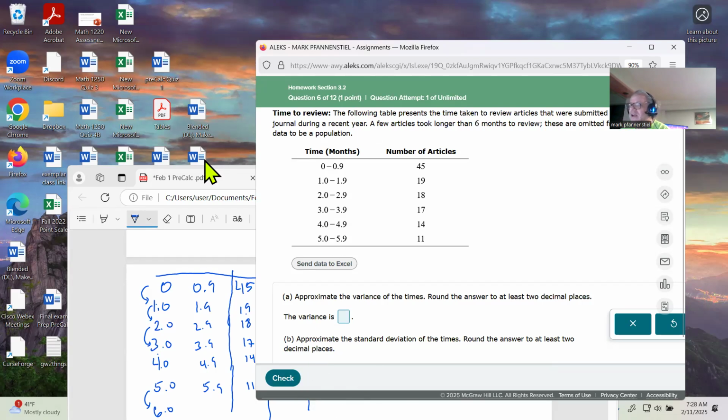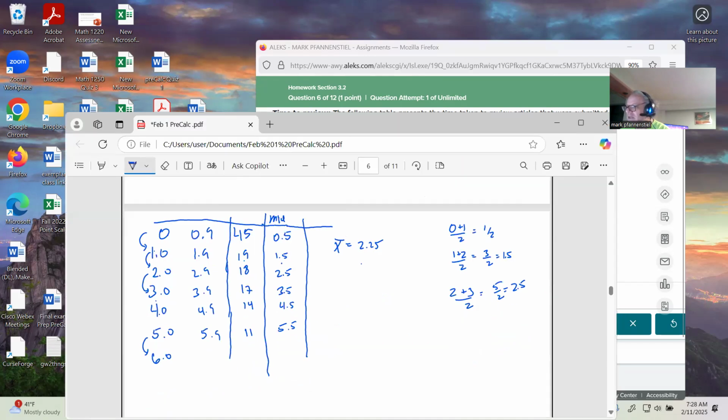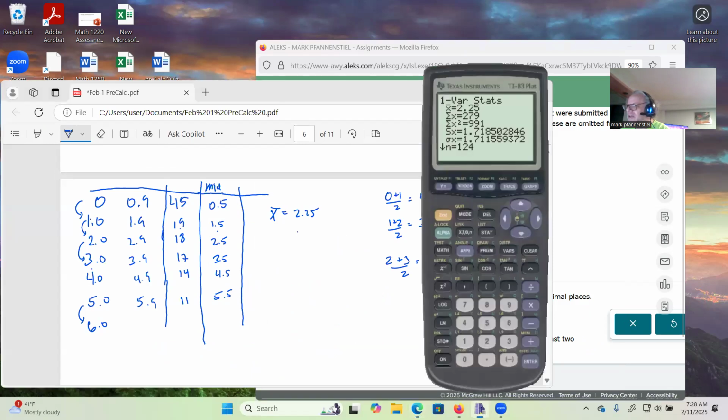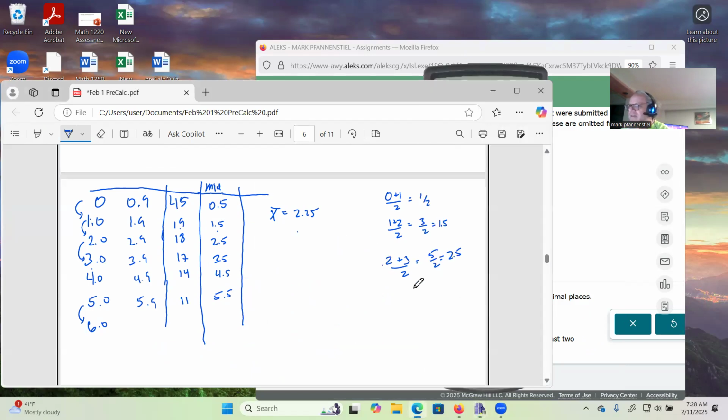So where is my sigma? There it is. Sigma, because it said use a population. We need this 1.711, or 1.712. We'll say sigma is equal to 1.712.